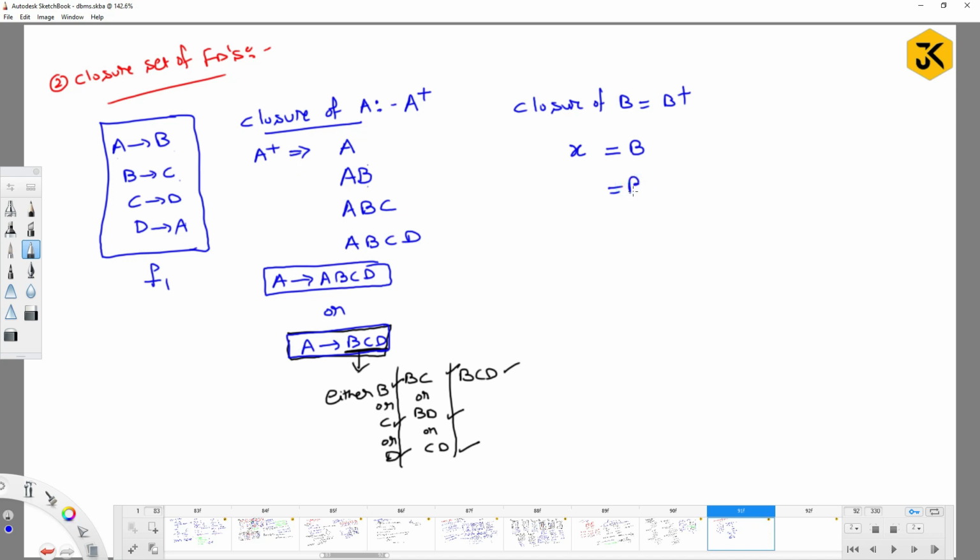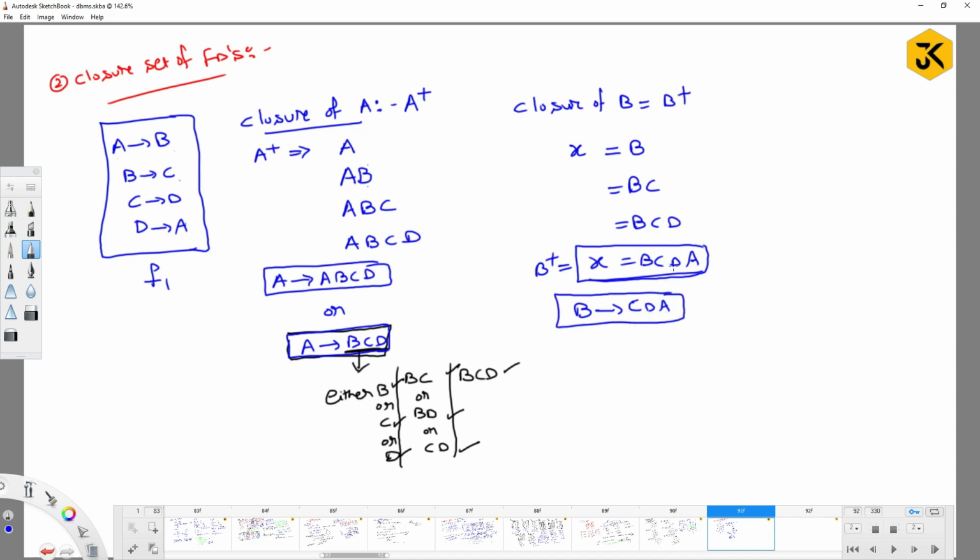Yes, I can find out C. If I know C, can I do D? So X equals BCD. X simply means B plus. So B determines CDA. I don't need to write BCDA because it internally defines B determines B. So that is the concept of closure set of functional dependencies.